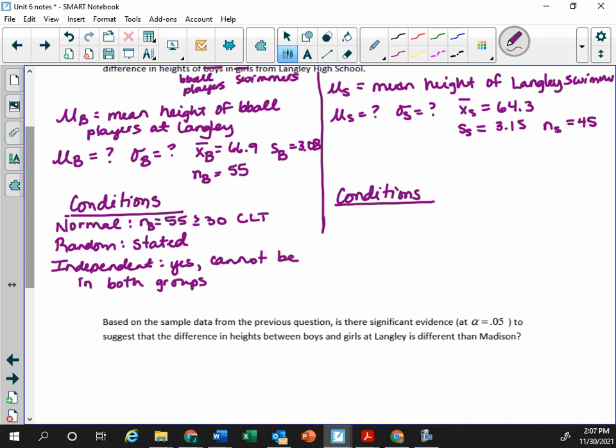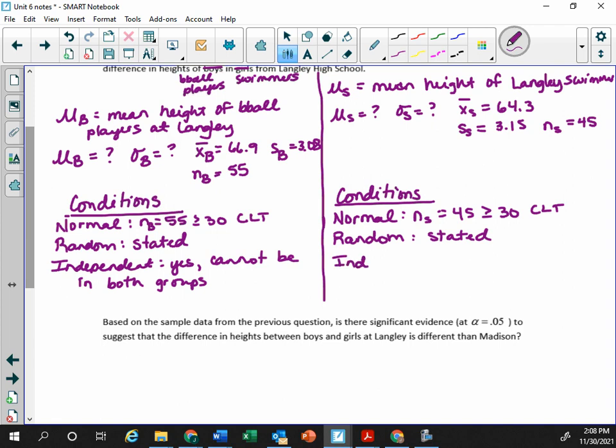So when you go over to the swimmer conditions, they're the same except the sample size was 45, but it works out the exact same way. So normal, sample size was 45, which is greater than or equal to 30. So CLT. Independent?